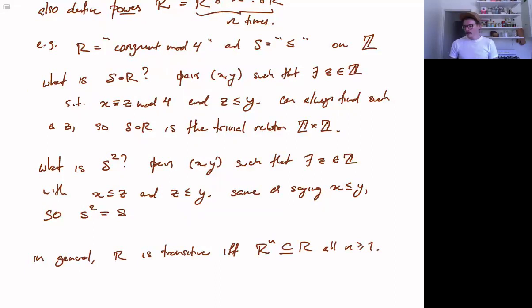So taking compositions is essentially chaining together copies of your relation. And so you expect this to be related to transitivity, and it is. The relation is transitive if every power of R is a subset of R, which essentially boils down to saying that if you take a chain of relations, they are still related. And it is a nice practice problem to show that they are not always equal, but they can be. R to the n can be a strict subset of R. So it's good practice to try and find an example of that.